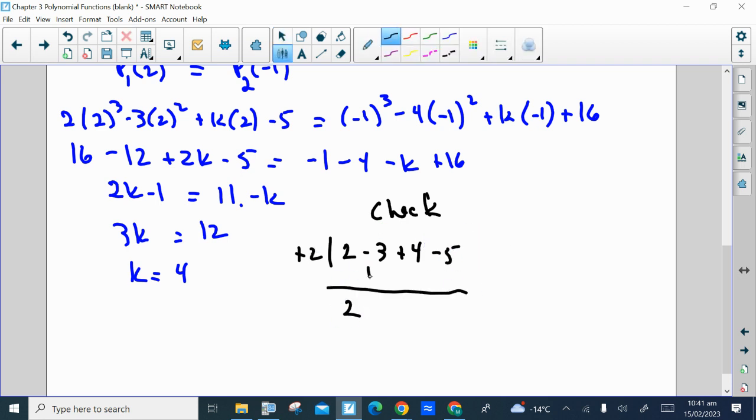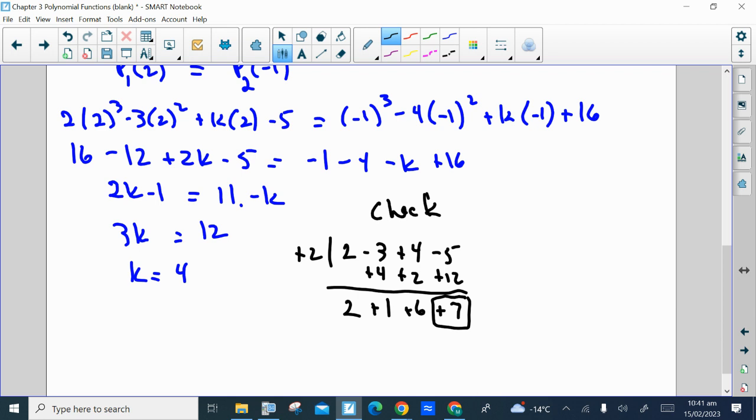So 2 times 2 is plus 4, and we add. 1 times 2 is plus 2, and we add. 2 times 6 is plus 12, and we add, and we get positive 7. That's our remainder.